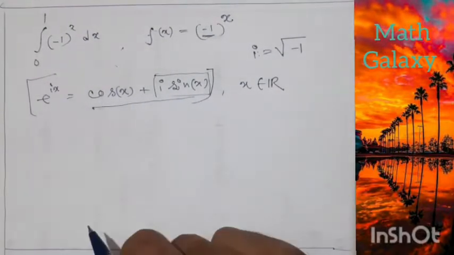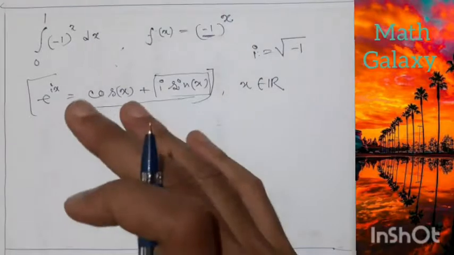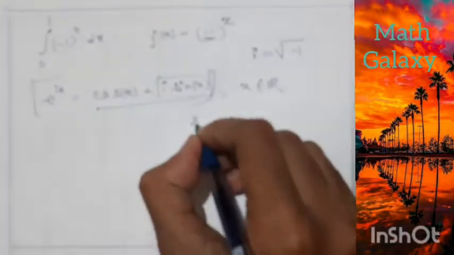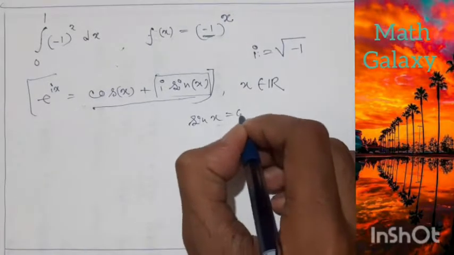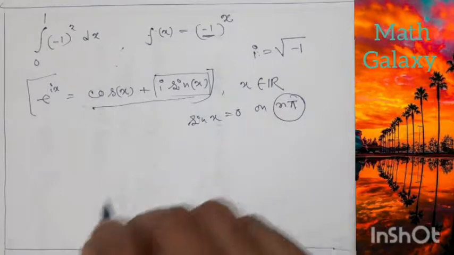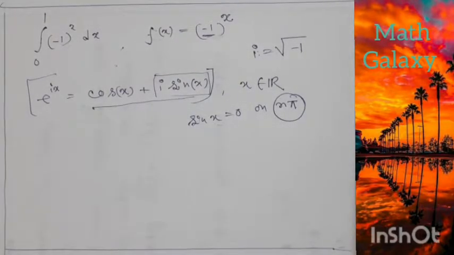Sine x is 0 at many points, like the points n pi. Normally sine x equals 0 at n pi, but today we talk about principal values. The principal values where sine x is 0 are x equals pi, and of course x equals 0.